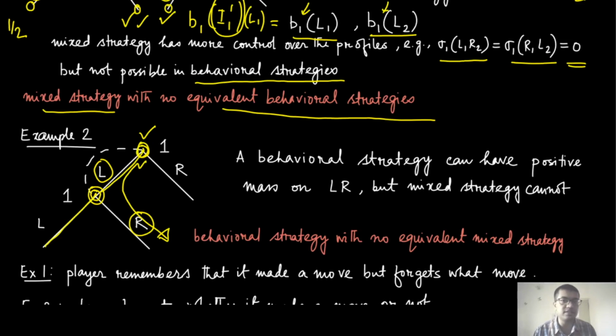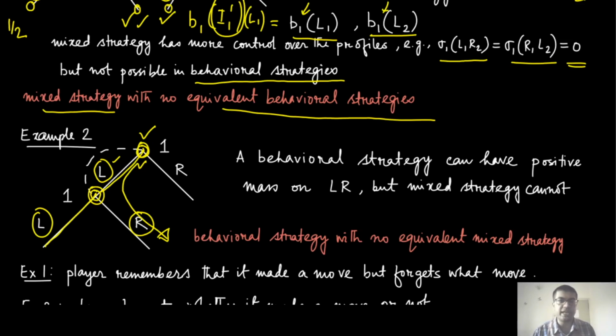So this is the limitation of the mixed strategy in the context of this kind of forgetful player, that the moment you pick L, you can only have L and L played in both these rounds of this game to be the only outcome.